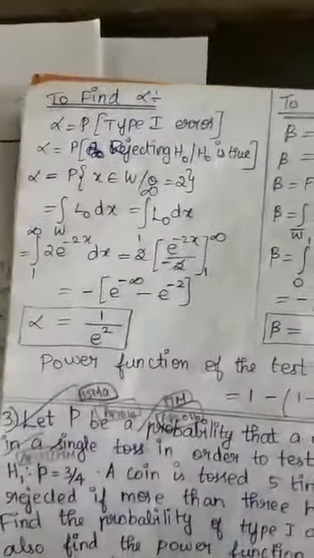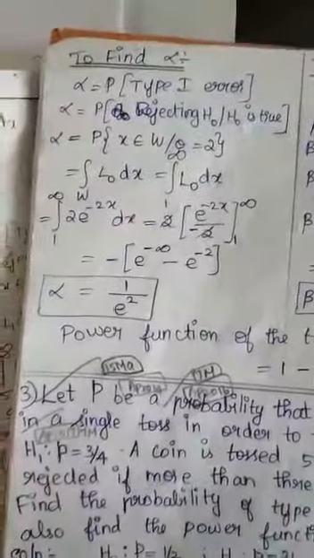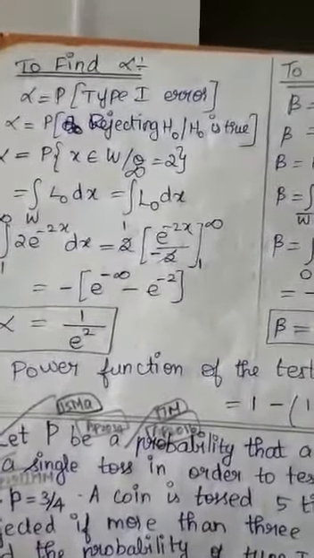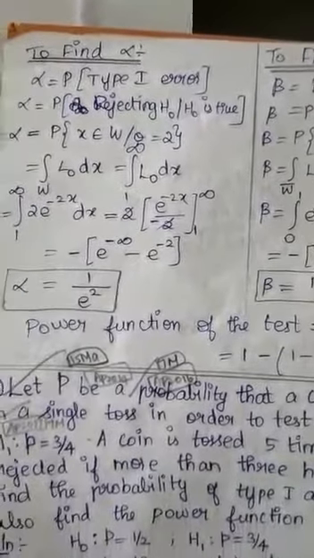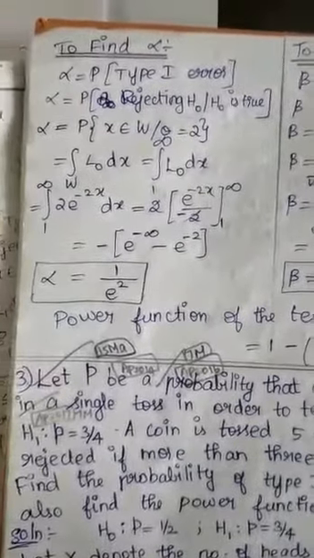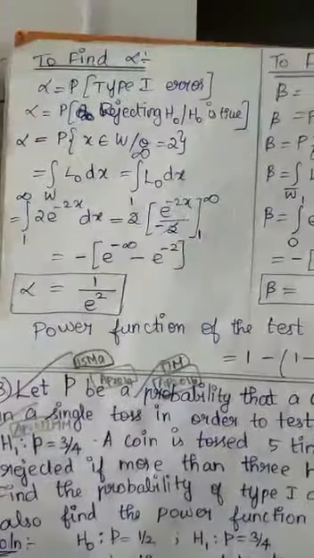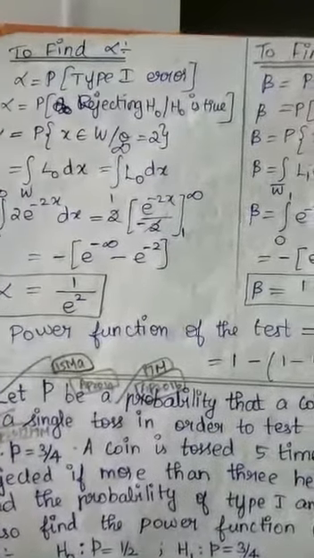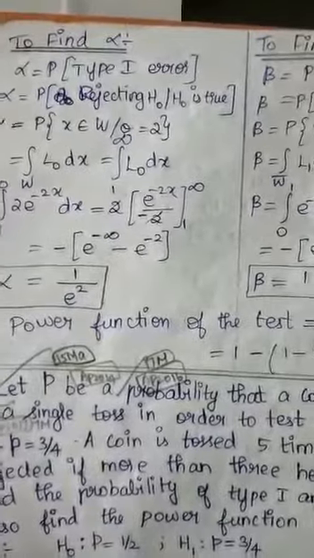Using these values, we are going to find the values of alpha and beta. First we find the value of alpha. As you know, alpha is the probability of type 1 error, rejecting H0 when H0 is true. That is the probability of x belongs to W when H0 is true, here theta equal to 2.